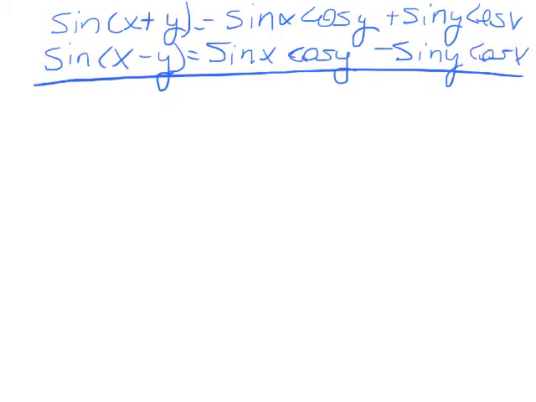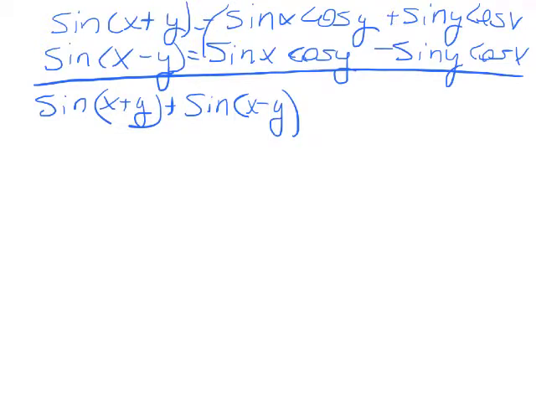If we go ahead and add these together, what you're going to end up with is sine x plus y plus sine x minus y, and when you add these two, you get 2 sine x cosine y, and these two will cancel out.